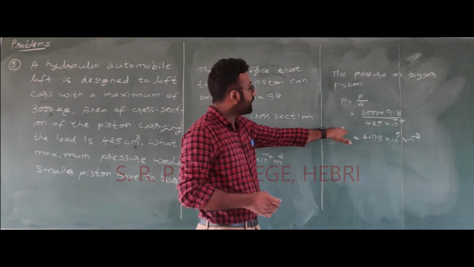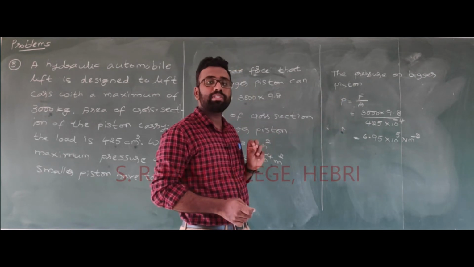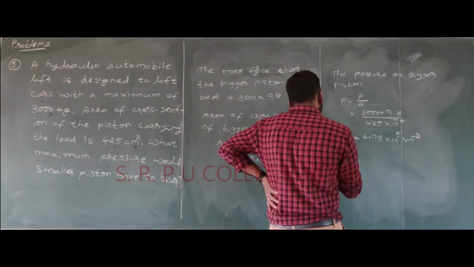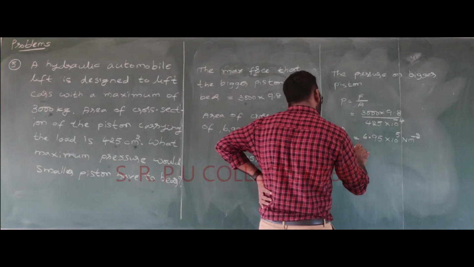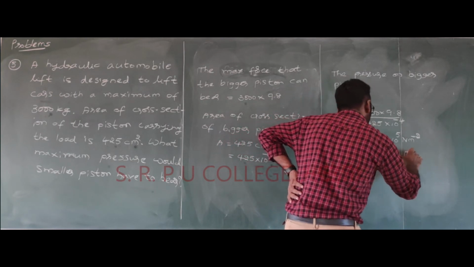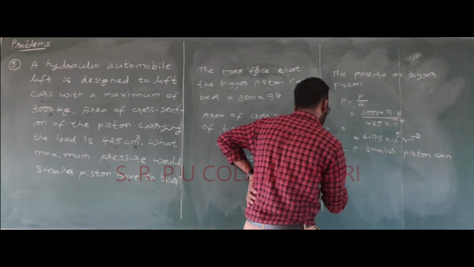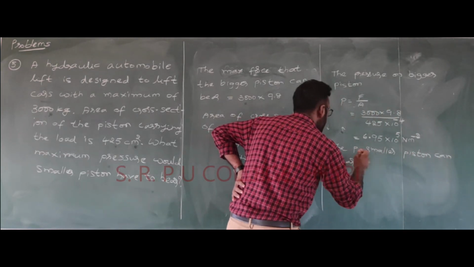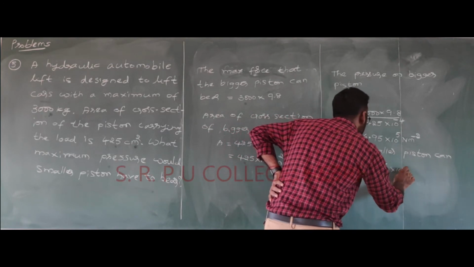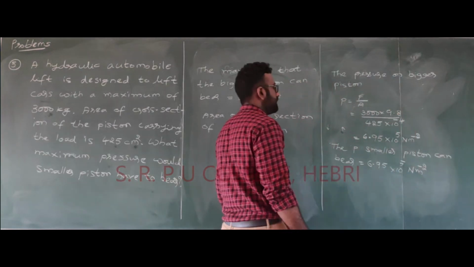So the pressure the smaller piston can bear is equal to the same value, 6.95 into 10 to the power 5 Newton per meter square.